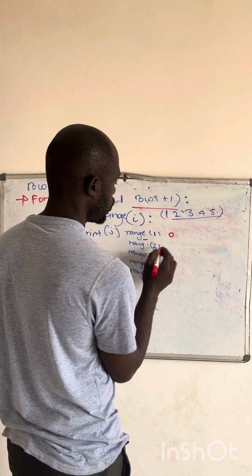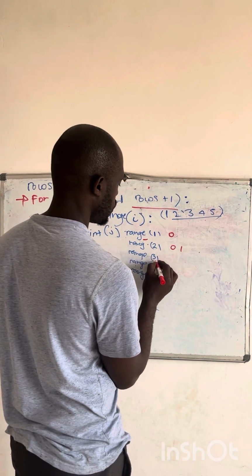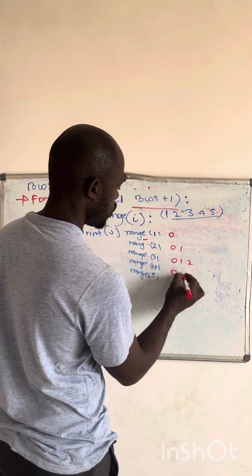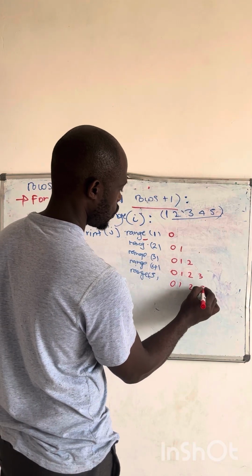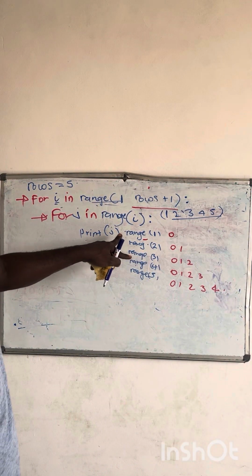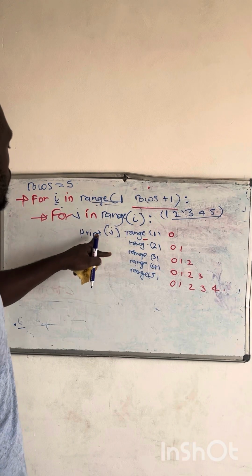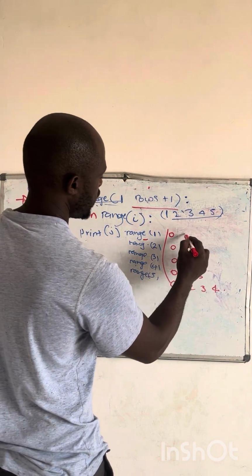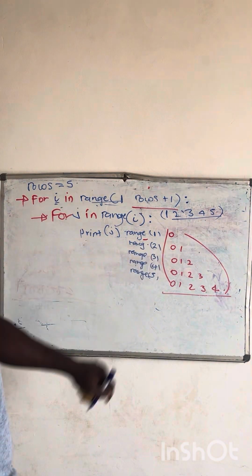So range of 2 will be 0, 1. Range of 3 will be 0, 1, and 2. Range of 4 will be 0, 1, 2, 3. And range of 5 will be 0, 1, 2, 3, and 4. Okay? So for j in range i, if we are to print j, j will print these figures.